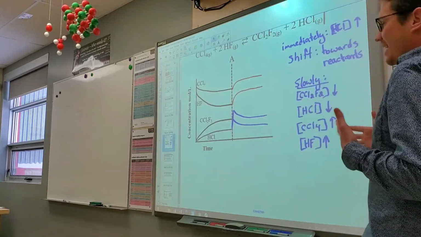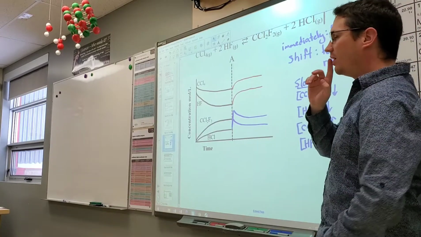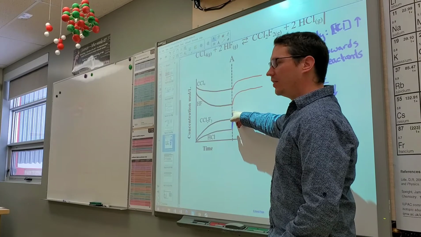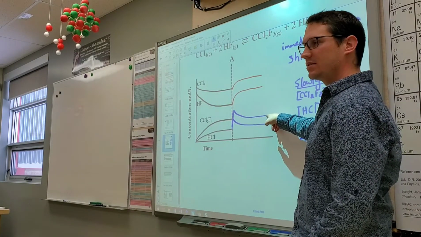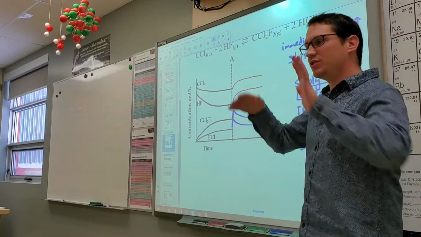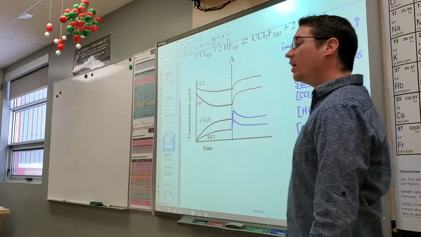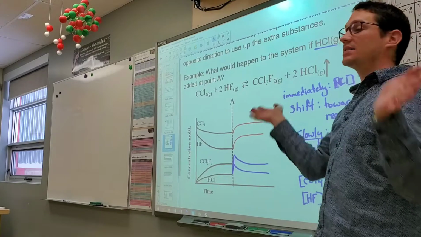Let's just take a step back. Can you see how when we added the HCl, the system opposed that change? Does that make sense? Yeah. When we added the HCl, the system shifted to oppose that change. That's what Le Chatelier's principle says, okay? Now, Le Chatelier's principle doesn't work because of magic.